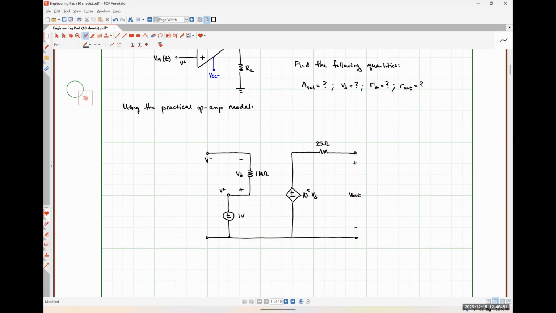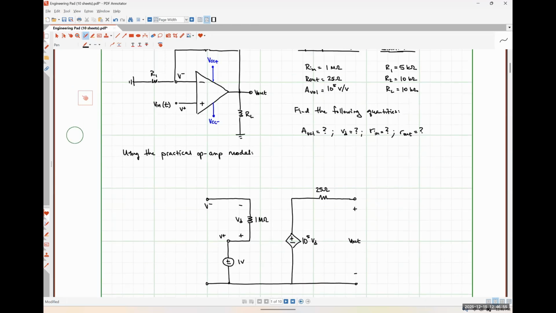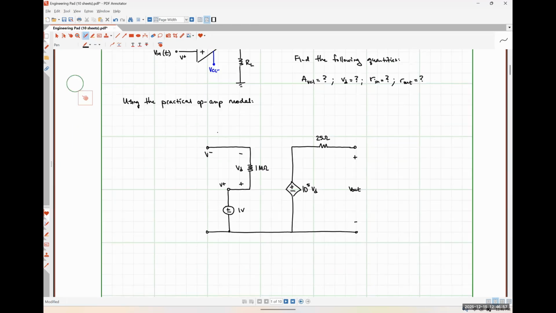Between my inverting input terminal and ground, I'm going to have the resistor R1, which is 5 kilo ohms. Between the output node and ground, which I should label down here on the bottom, I'm going to have my load resistor, which is 10 kilo ohms.